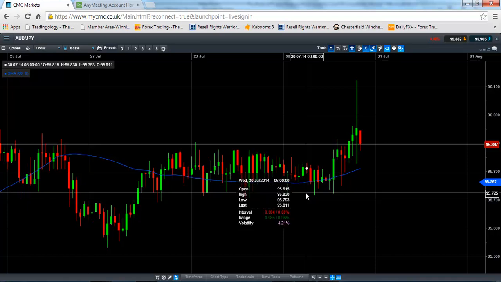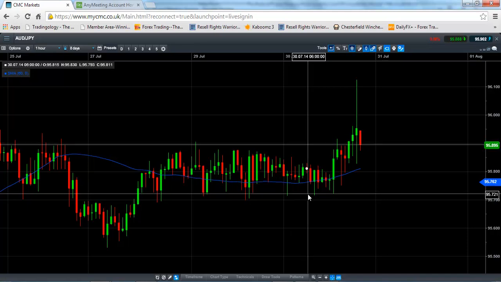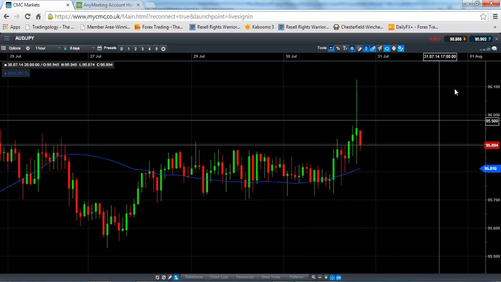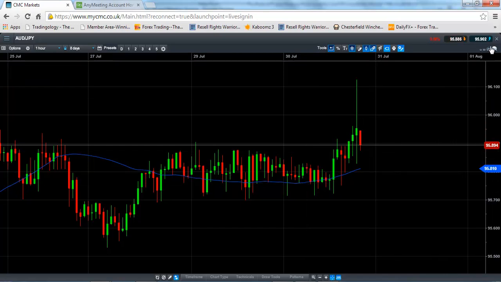It's on top of the 60 SMA. It's kind of dipping down, so I will just wait a little bit to see the outcome of this.